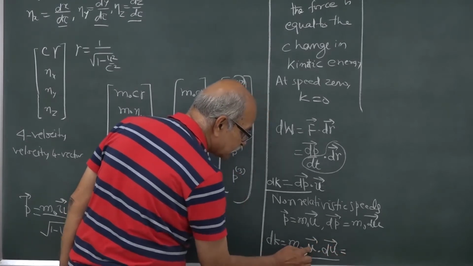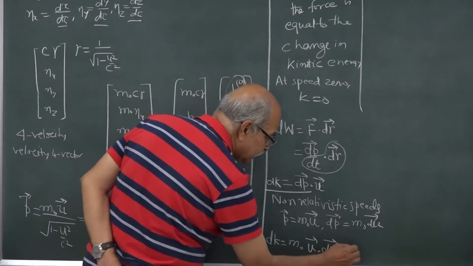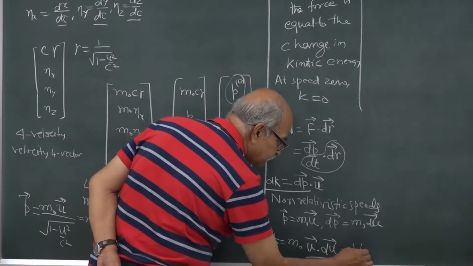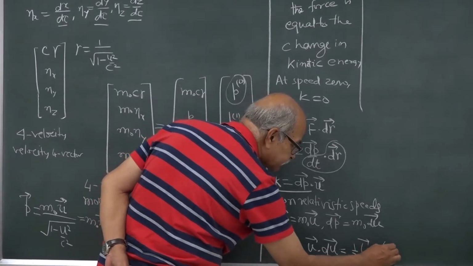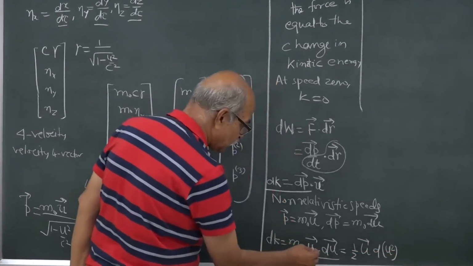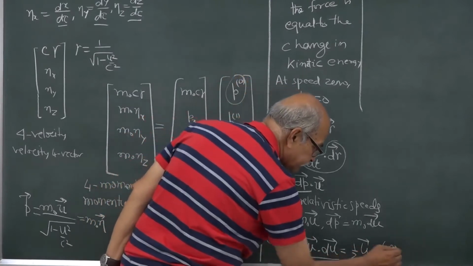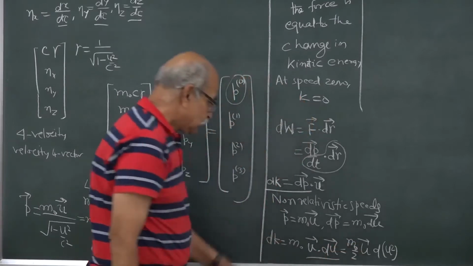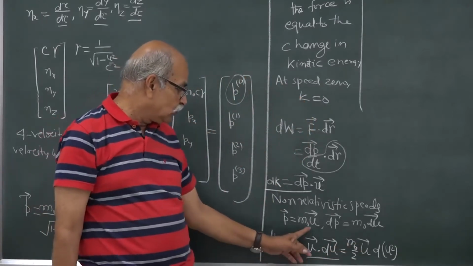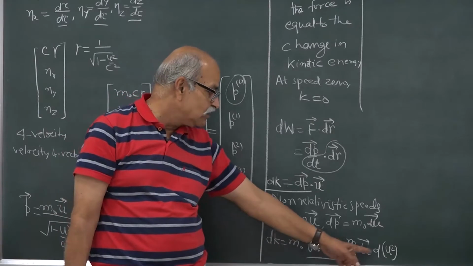And this quantity, u dot du, is half d of u square. So, let me write m naught here. So, m naught and then u dot du, that is half d of u square.